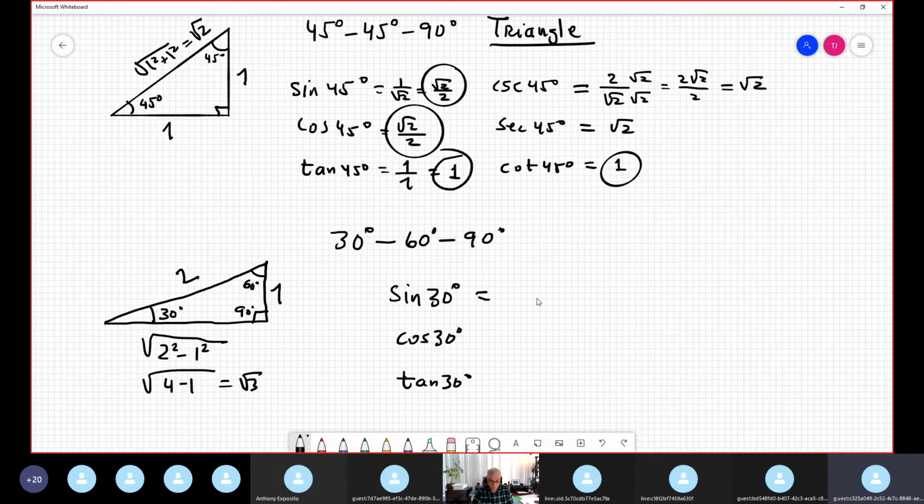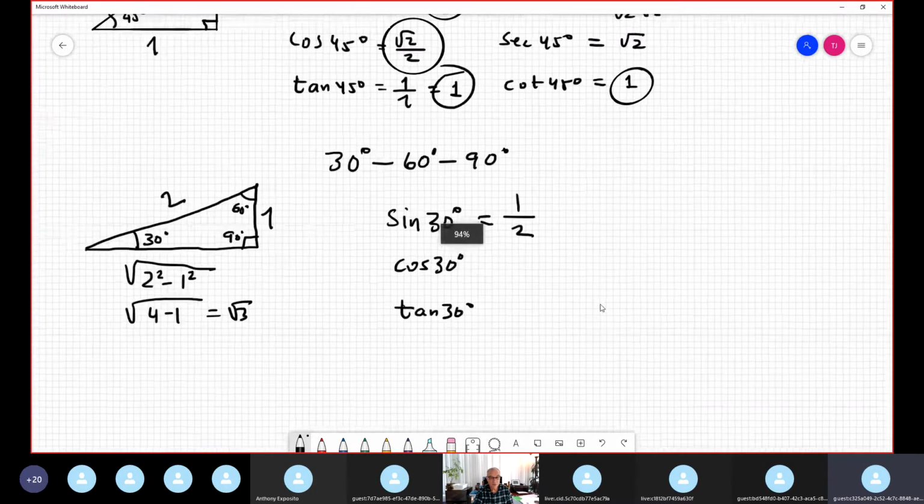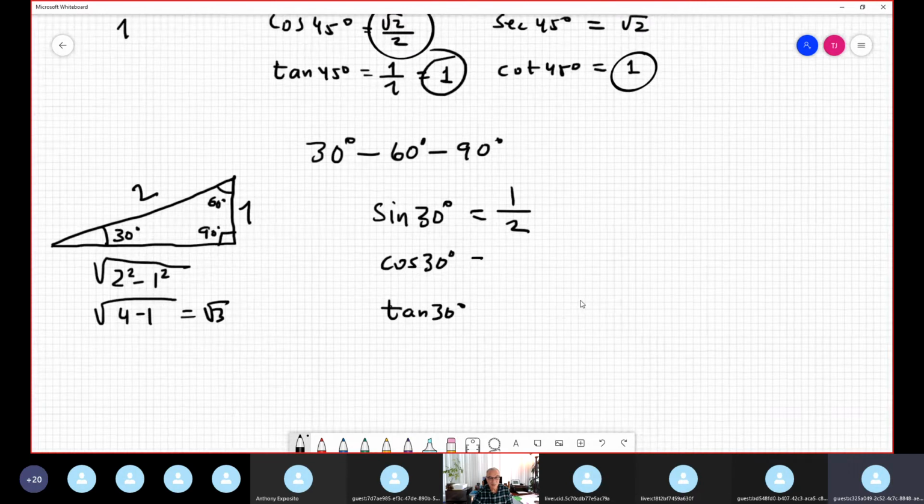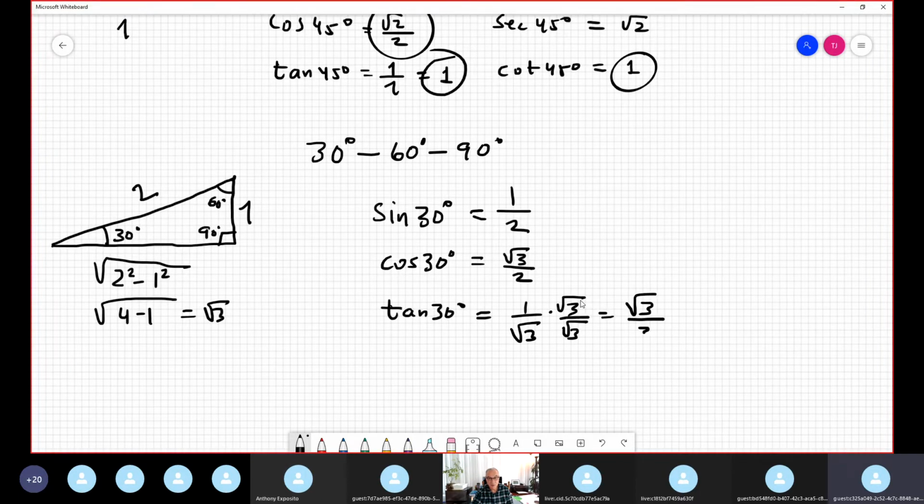So sine 30 degrees is opposite over hypotenuse, 1/2. Everyone in the world knows that sine 30 degrees is 1/2. Cosine is radical 3 over 2. And tangent is 1 over radical 3. And when you rationalize, it's radical 3 over 3.